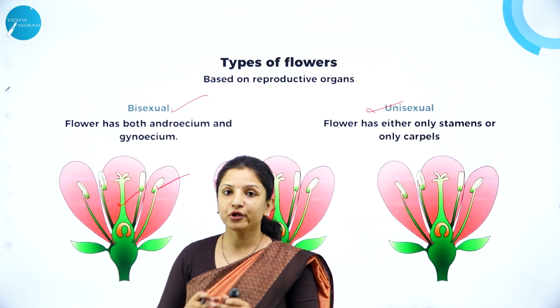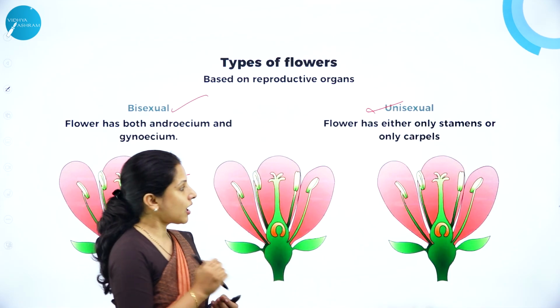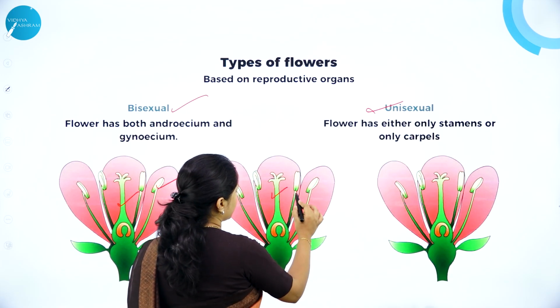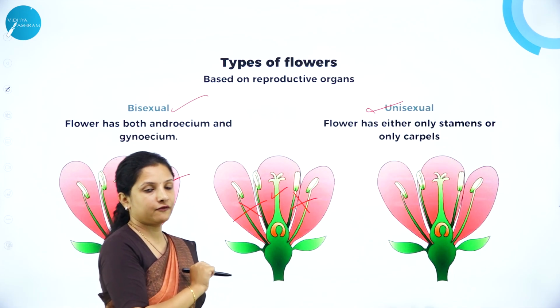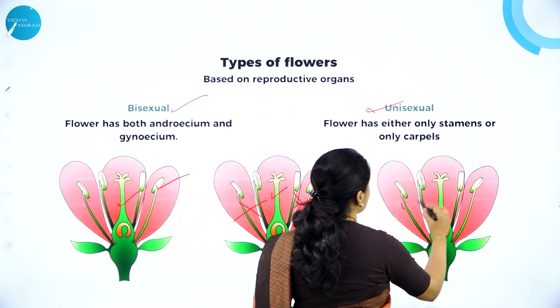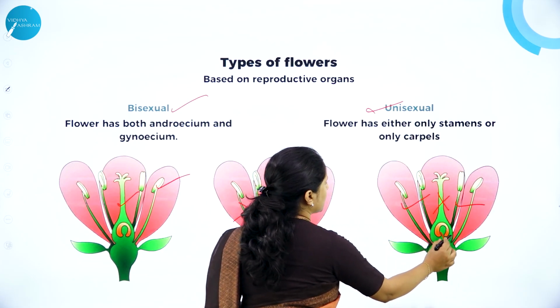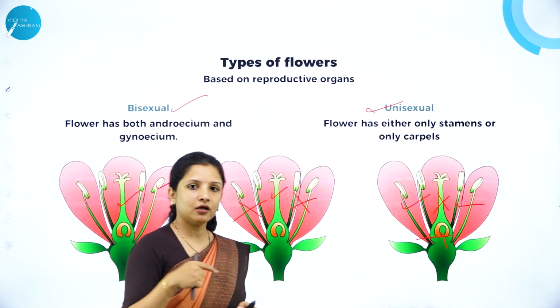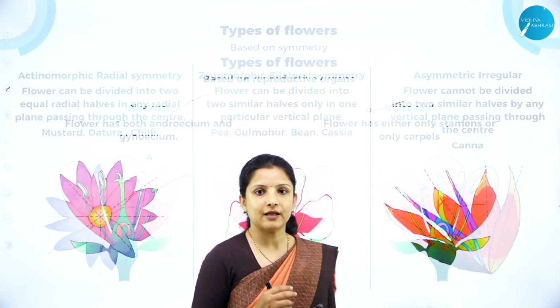Unisexual: uni means one, single. So either it will have only the female reproductive organ, with the male organ absent, which is a unisexual flower, or it will have only the male reproductive organ, with the female organ absent, which is again a unisexual flower. So this is about unisexual and bisexual flowers.